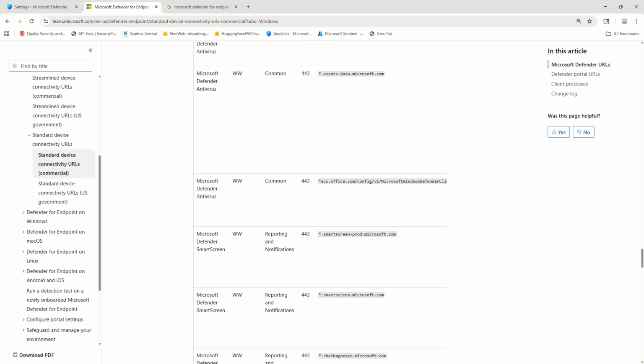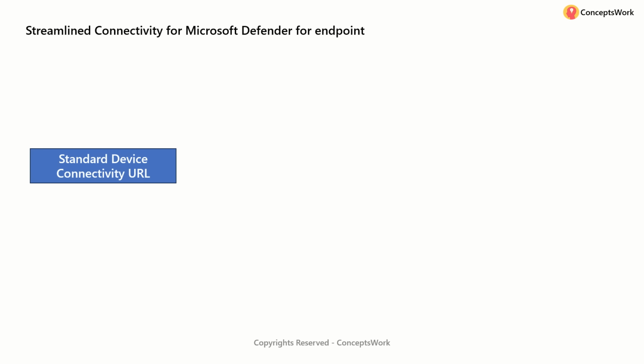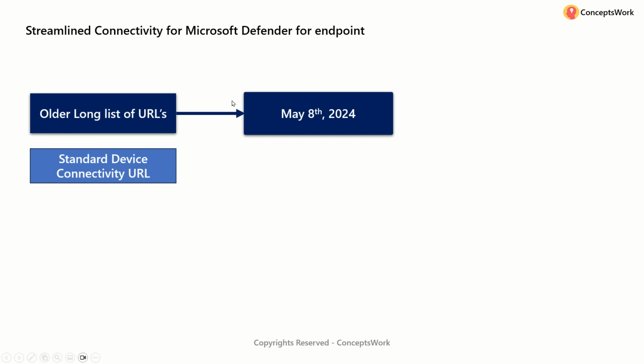So from a networking prerequisite standpoint, there are two different options. The very first one was standard device connectivity URLs, which was the scenario before. However, a new method has been introduced, or new set of URLs have been introduced, and they are termed as streamlined connectivity for Microsoft Defender for Endpoint.